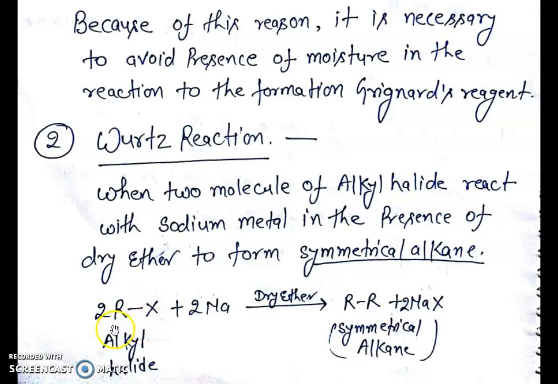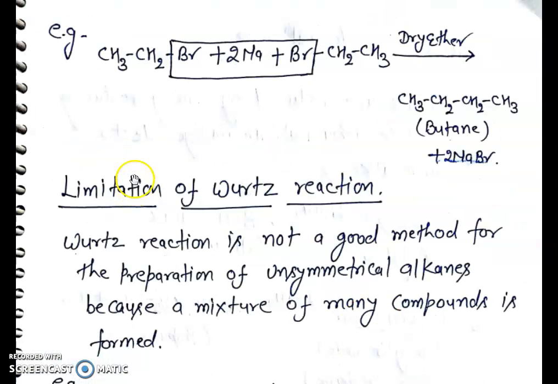For example, when two molecules of ethyl bromide react with sodium metal in the presence of dry ether, they form butane, that is, butane is the symmetrical alkane.